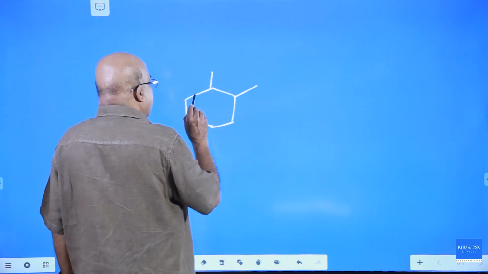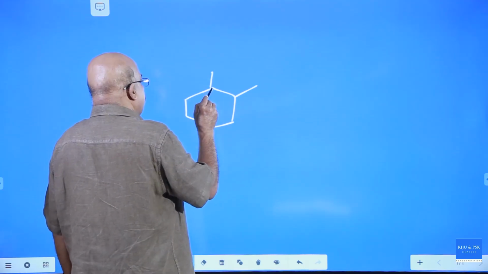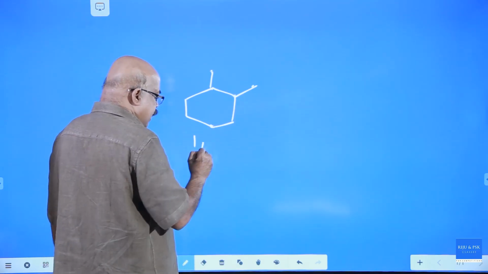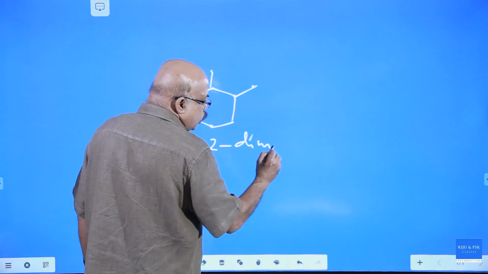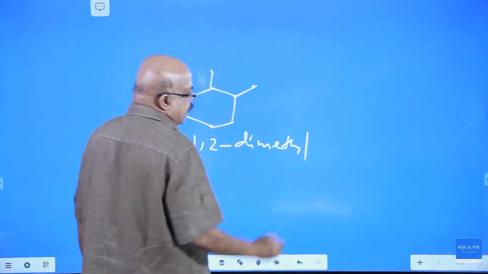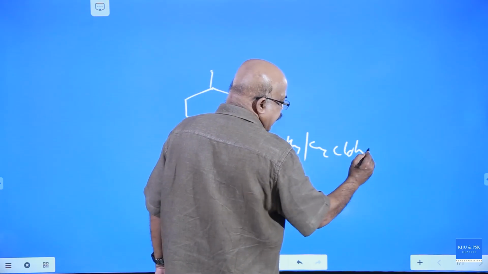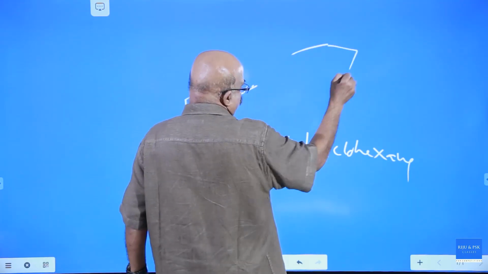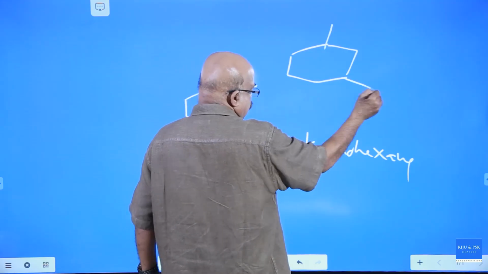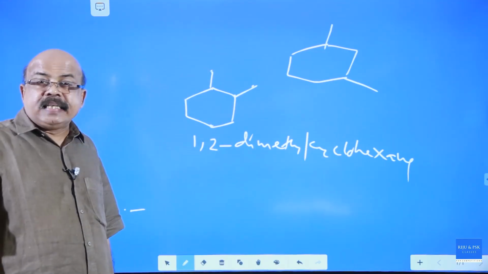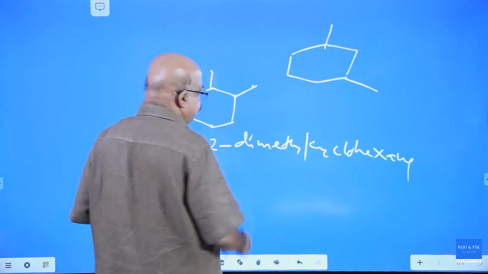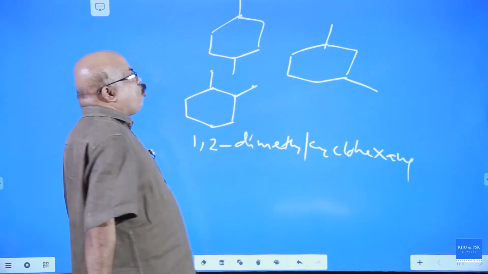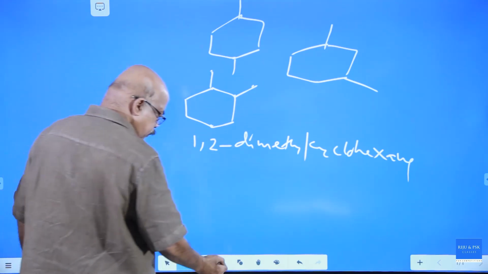It is cyclohexane parent. First carbon with the methyl group, second with the methyl, it is 1,2-dimethyl cyclohexane. If 2 groups are like this, it is 1,3-dimethyl cyclohexane. This is 1,4-dimethyl cyclohexane.